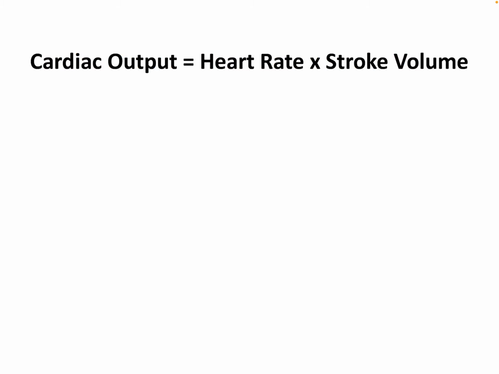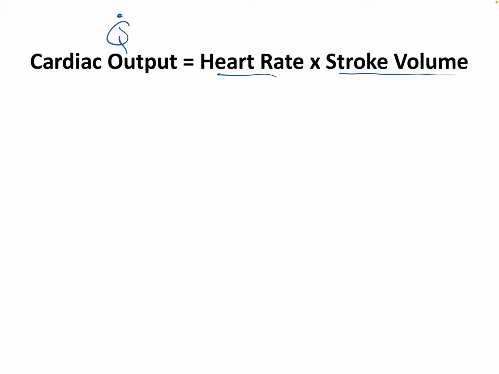So here we're looking at cardiac output, and this is a critical equation in exercise physiology. If you're not familiar with the terms, we're going to go through each one. So cardiac output equals our heart rate times stroke volume. Cardiac output is often also written as a Q with a dot above it.